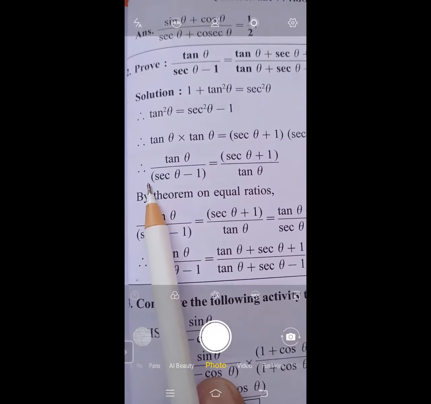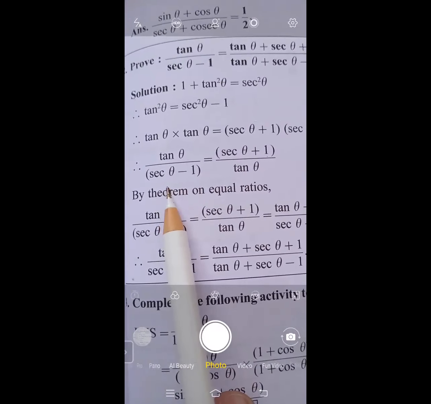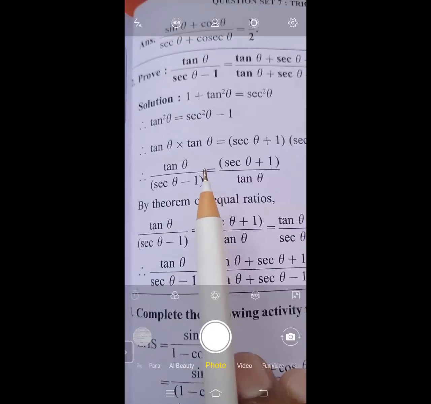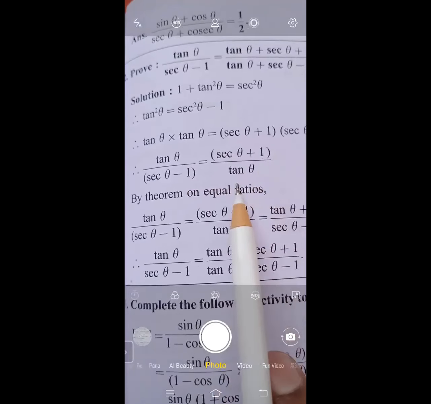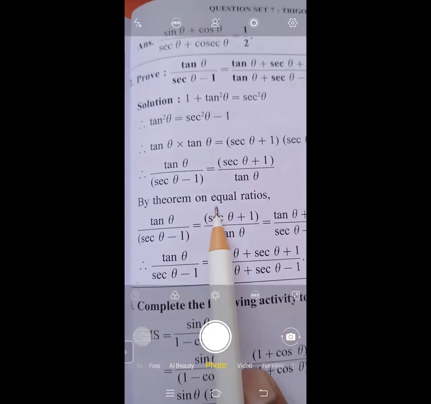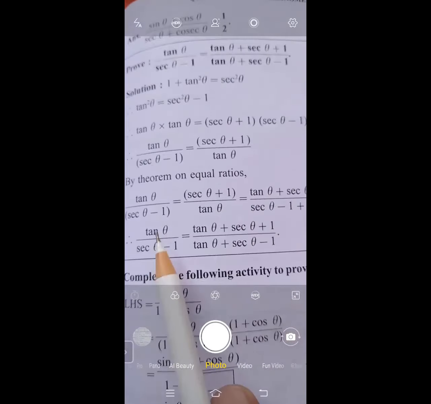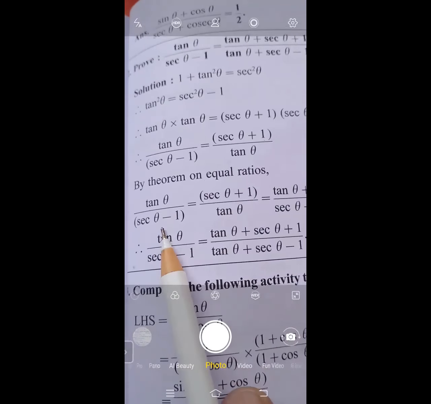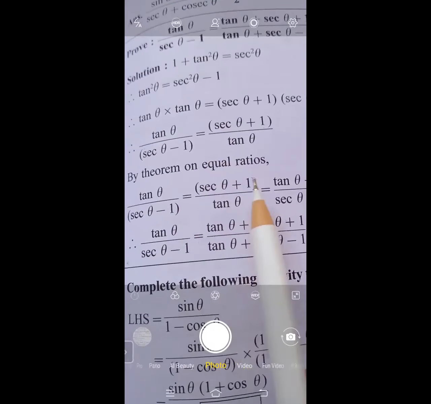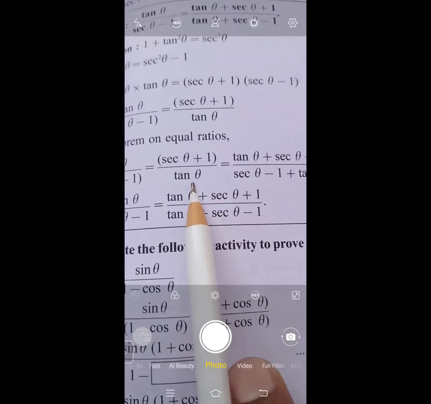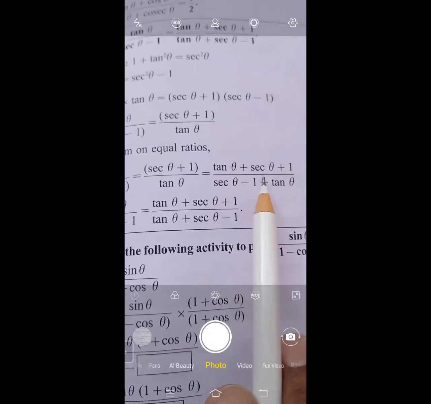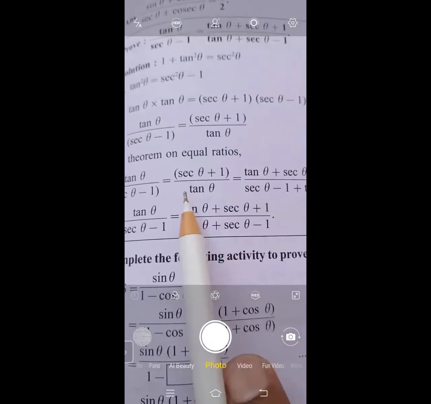Therefore, tan theta divided by sec theta minus 1 equals sec theta plus 1 divided by tan theta. By the theorem of equal ratios, tan theta divided by sec theta minus 1 equals sec theta plus 1 divided by tan theta, which equals, they have made the denominators the same.